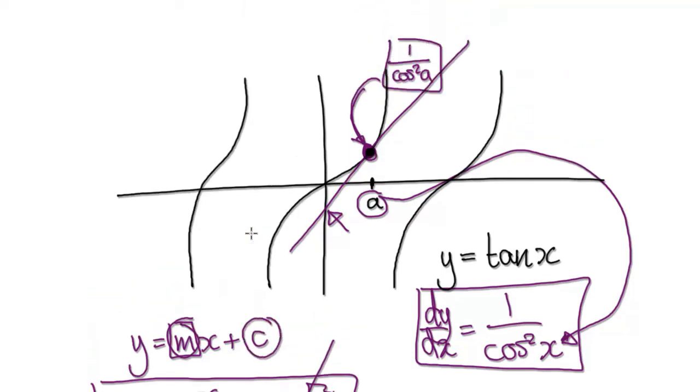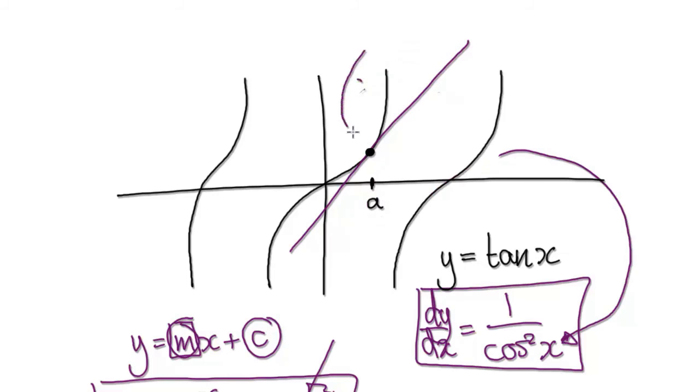Well, we know that one particular point. We know this location right here. The location right here would be a comma tan a. So this is your x, this is your y location.